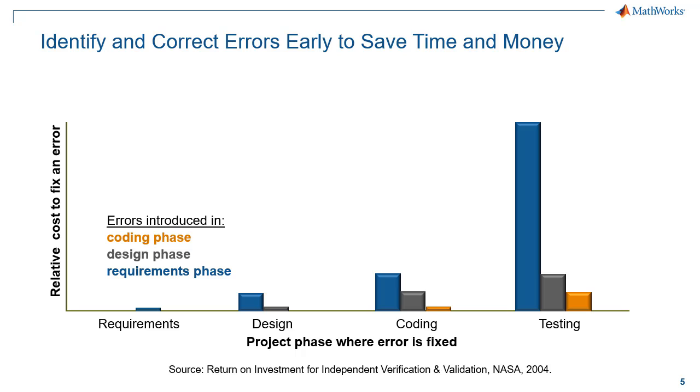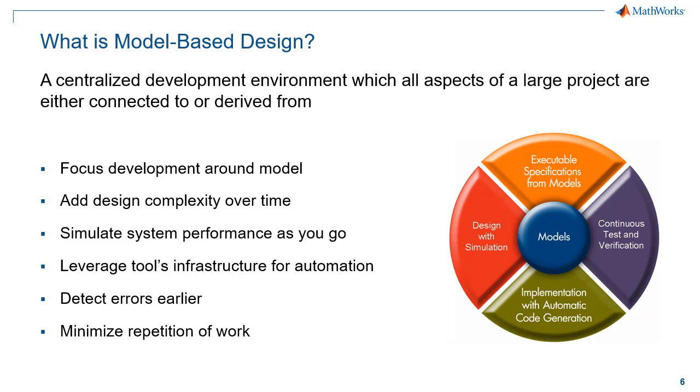If my design is a drawing on a napkin, well, I don't have a very good way to test and verify that that's the correct design, and I don't have a very good way to transition that drawing on a napkin into functional software. I'm going to have an engineer read that napkin and decide how to code this thing up. It would be much better if I could more tightly couple those two steps in the process together.